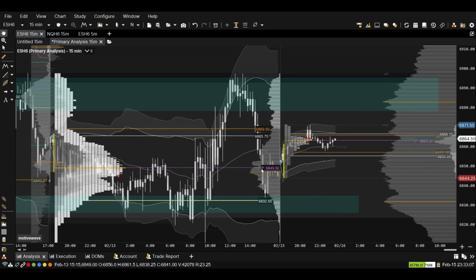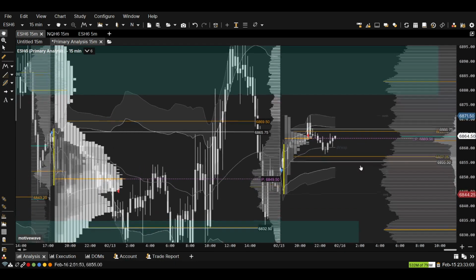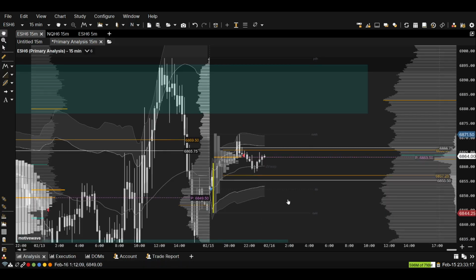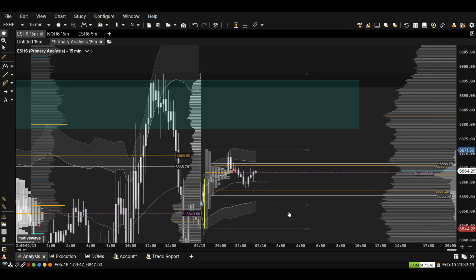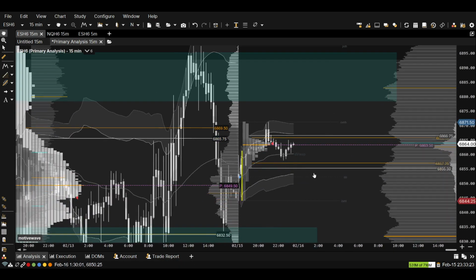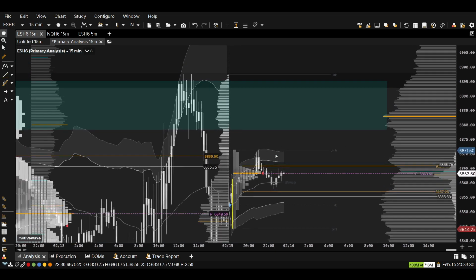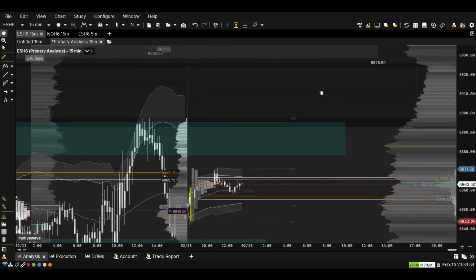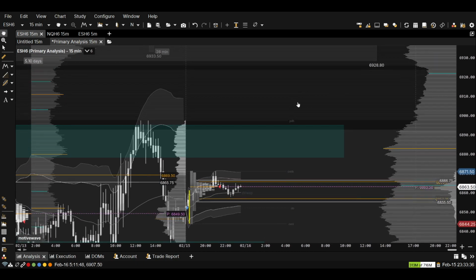Maybe here at the point of control, a contraction or retracement in the last two deviation for London, and then a huge movement here, maybe above the value high, retest at the daily VWAP, and then boom, expansion higher.